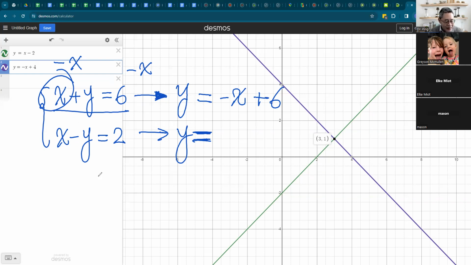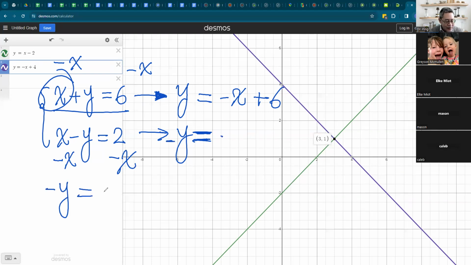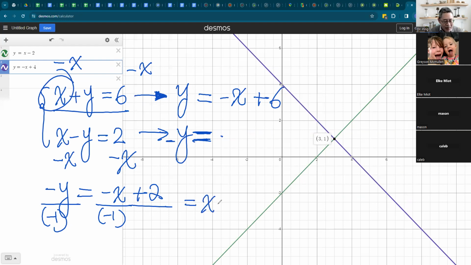You don't drop the x. So we minus x on both sides, then we got negative y equals negative x plus 2. Then we have to get rid of the negative sign by dividing by negative 1 on both sides. So that gives us y equals x minus 2.